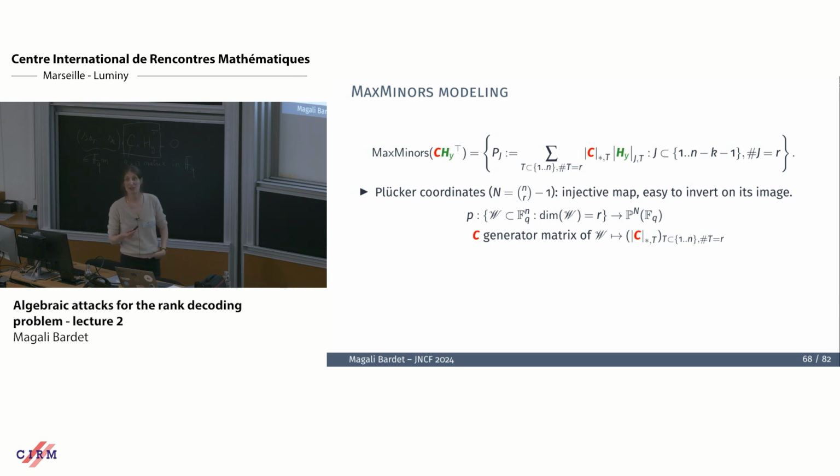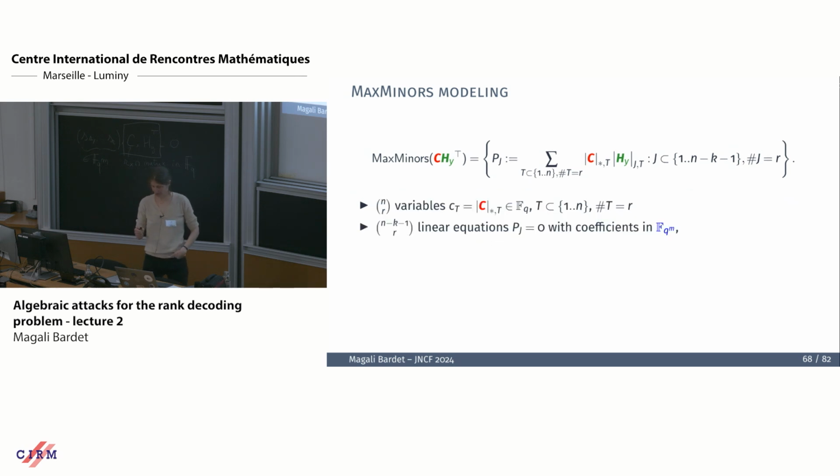And now if you have another generator matrix of the same vector space, then it is some A times this C. And on the image, you just multiply the vector by the determinant of A, so you get the same point in the projective space. So to one vector space, through this vector, you have just one vector that describes exactly your vector space.